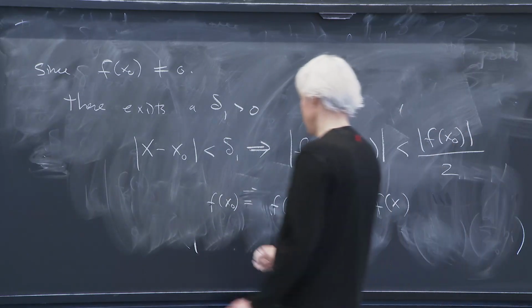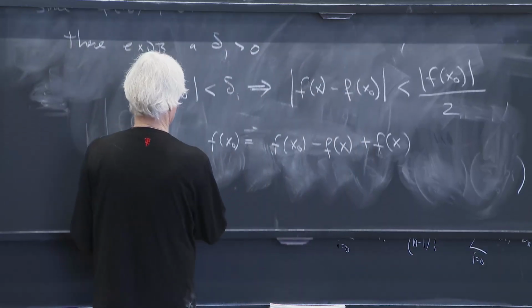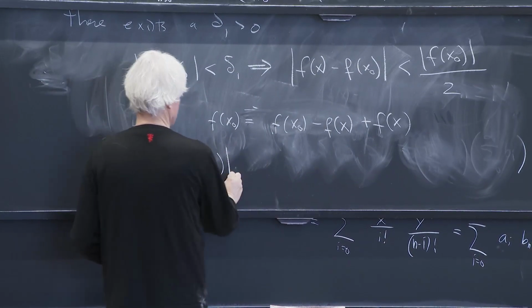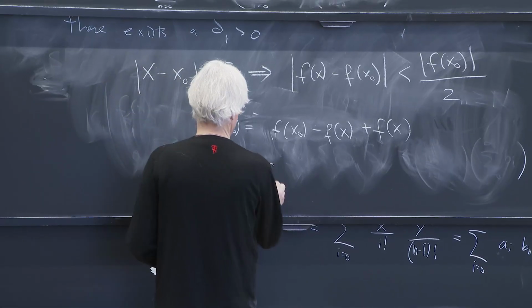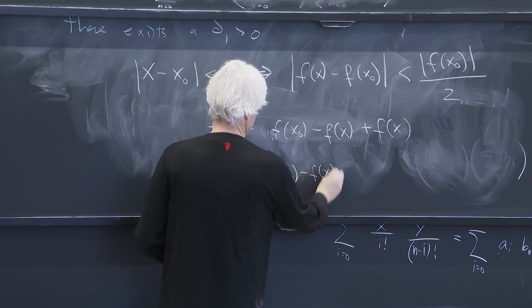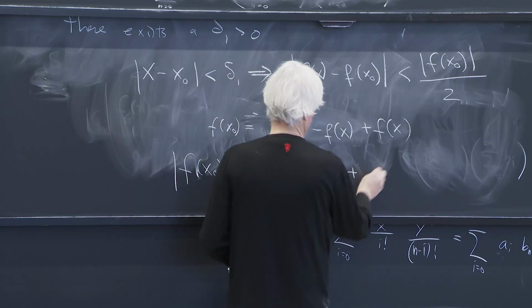And so this means that the absolute value of f of x0 is less than or equal to the absolute value of f of x0 minus f of x, plus the absolute value of f of x.